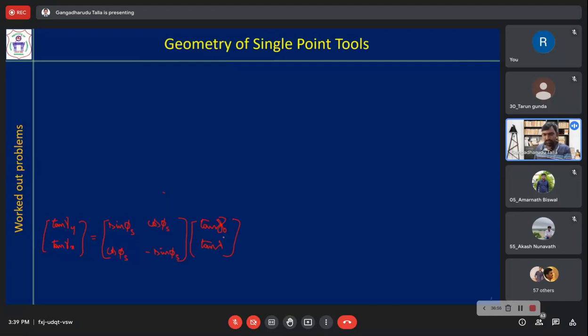So this is one relation. Of course, phi s can be replaced with 90 minus phi.